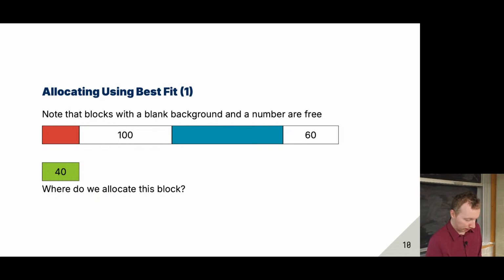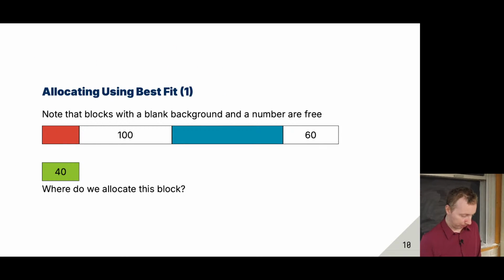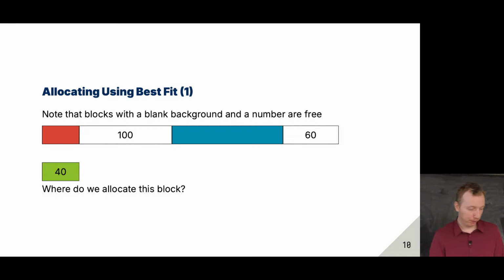So let's have this situation. So here, if I want to use best fit in this situation, anything that has a color on it is an allocation that's in memory that I can't change. So this is the amount of memory that we are managing. So this would be like malloc is managing this giant block of memory.